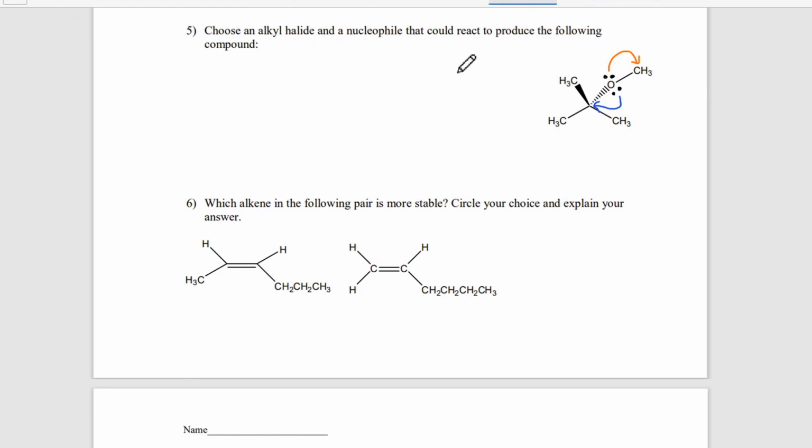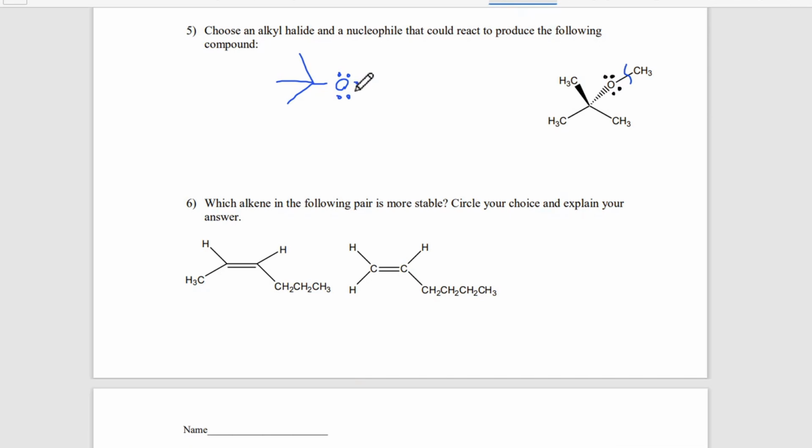Now, there's a couple of different possibilities here. I'll go ahead and erase my little arrows and look at where I could have potentially cleaved this. So I could have cleaved it here, or I could have cleaved it here. Now let's take a look at one thing at a time. So let's say we cleaved it here. There's a couple of different possibilities. I know it has to have the oxygen.